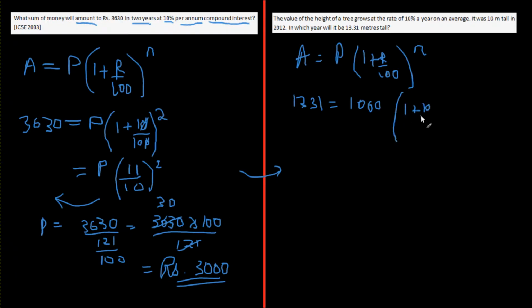Again, this gets cut, and n over here you do not know. Take this down over here: 1331 upon 1000 is equal to, just open this up, again you get (11 by 10) to the power n.